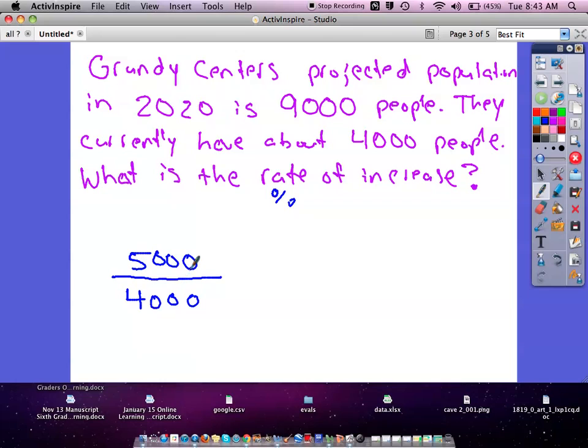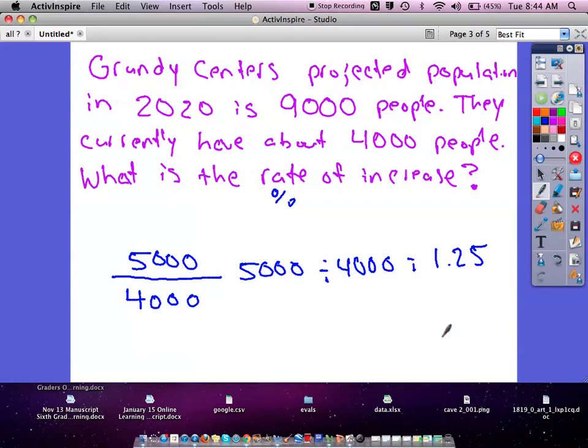So that's more than 4,000, obviously, for our increase here. So if I just do this problem, 5,000 divided by 4,000, I would expect to get something over one whole, definitely. So if I do 5,000 divided by 4,000, I'm going to get 1.25.